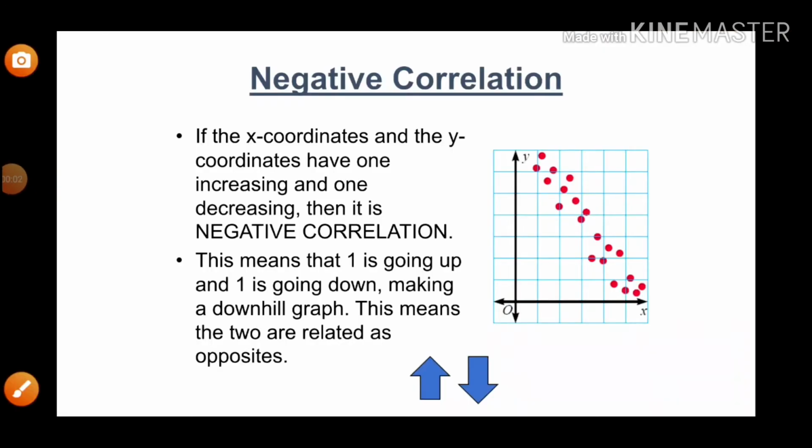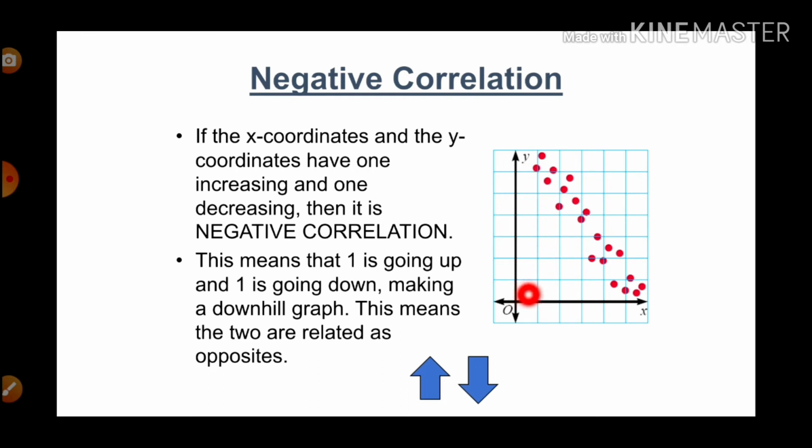Negative correlation. If you have a look at this one, as x increases, what happens to y? Y decreases. Looking at one point over here, x is at 1 and y is at 6.